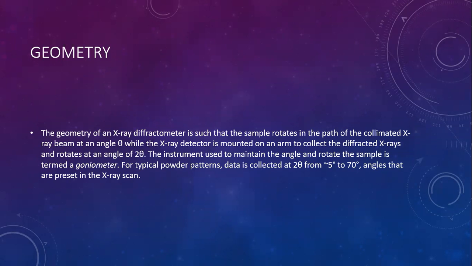The instrument used to maintain the angle and rotate the sample is termed a goniometer. For a typical powder pattern, data is collected at 2 theta from 5 degrees to 70 degrees in the X-ray scan.